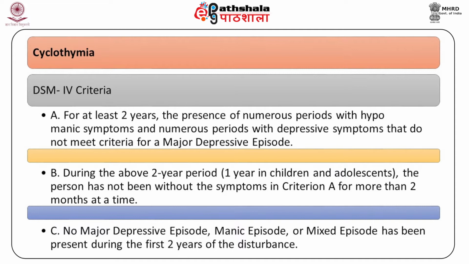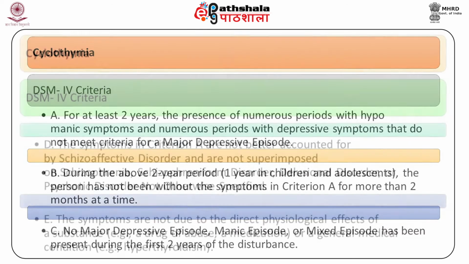For cyclothymic disorder, there may be a superimposed manic or mixed episode, in which case both bipolar 1 disorder and cyclothymic disorder may be diagnosed, or a major depressive episode, in which case both bipolar 2 disorder and cyclothymic disorder may be diagnosed.